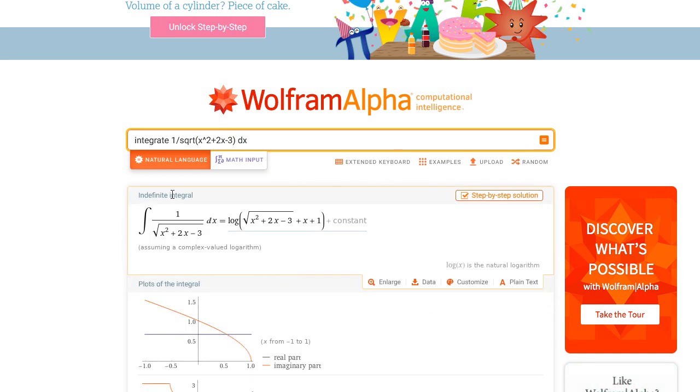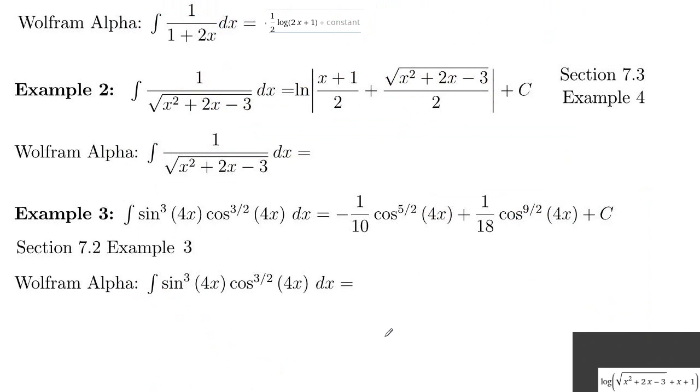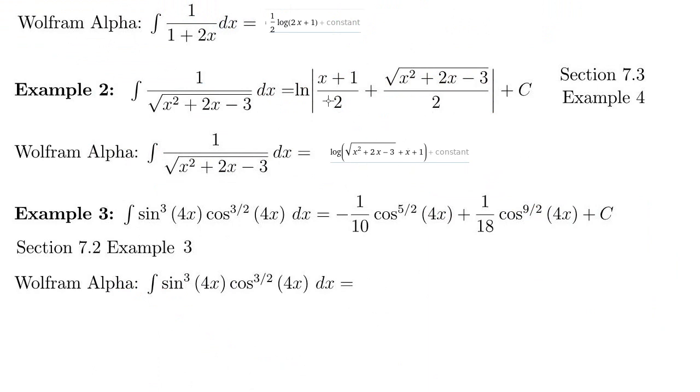And a double check here. Yep, that's what I wanted. So here we've got log root x squared plus 2x minus 3 plus x plus 1, and then a constant. So let's grab that and bring it over. Compare it. So these look like they're the same, except up here we've got a division by 2 in both terms.